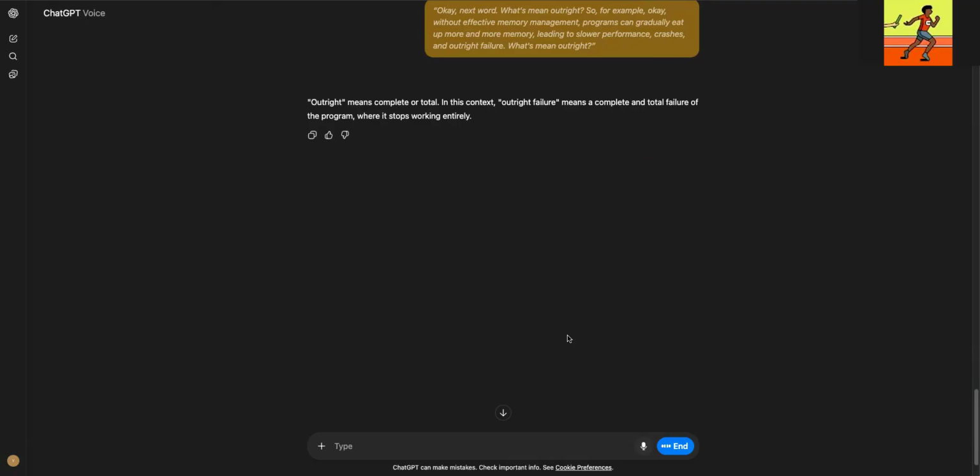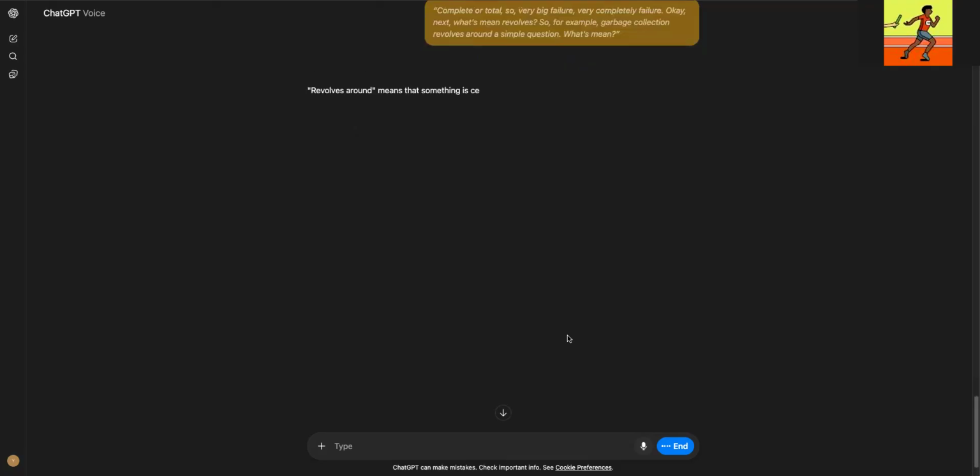Okay, next. What does revolves mean? So, for example, garbage collection revolves around a simple question. What does it mean? Revolves around means that something is centered on or focused on a particular idea or question. So in this context, garbage collection revolves around a simple question means that garbage collection is fundamentally focused on answering a simple question.